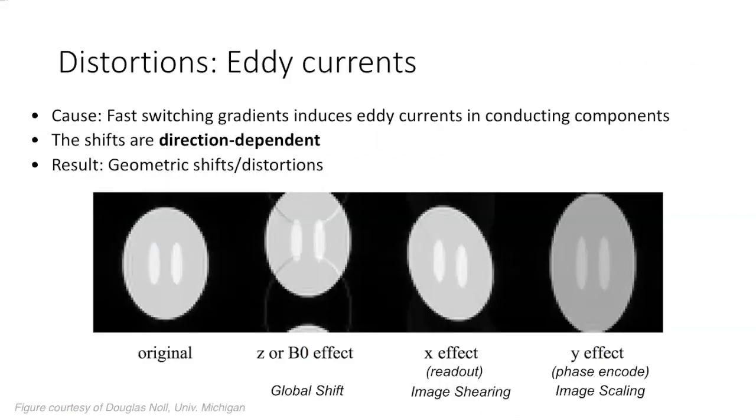It's on the next slide, but these eddy currents typically create distortions that are direction dependent. And typically you see them with the fast switching gradients, which are very important in EPI and diffusion sequences.